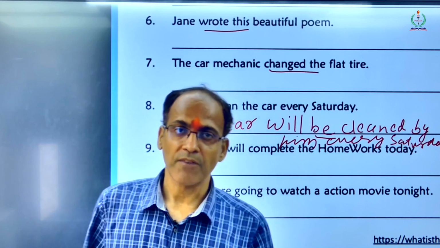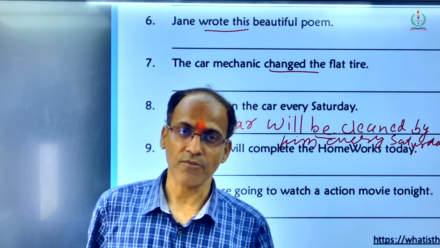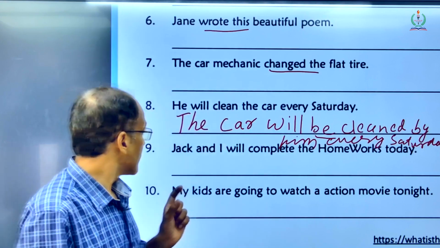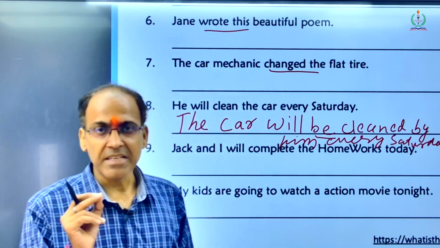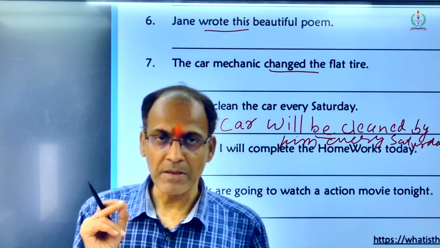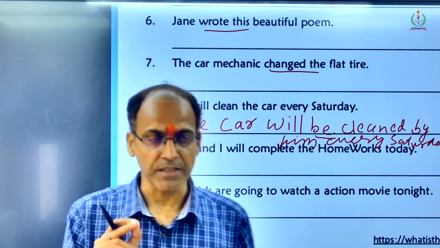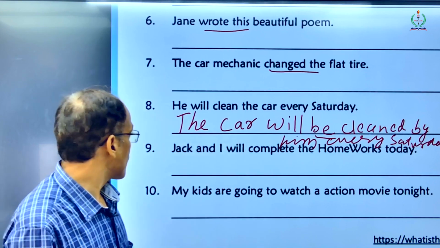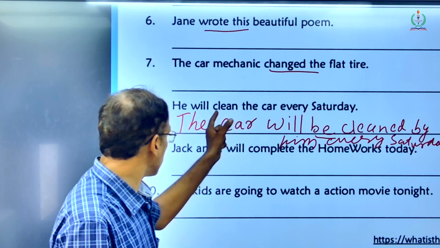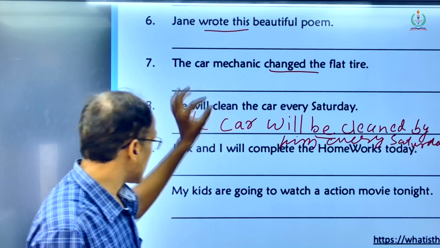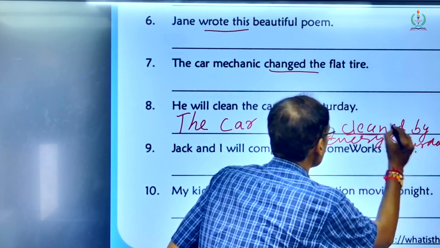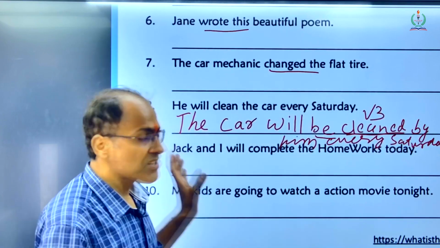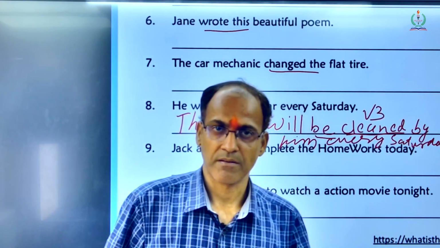When the verb in an active voice form is in future indefinite form, the helping verb be will be added along with the existing verb, and this normal verb, V1 verb, will be changed into V3 form. Rest everything will be similar.